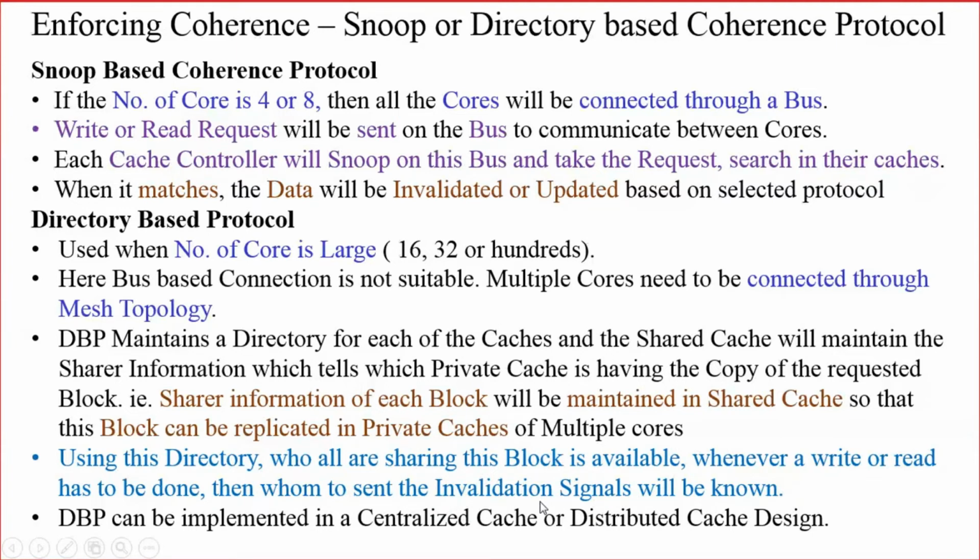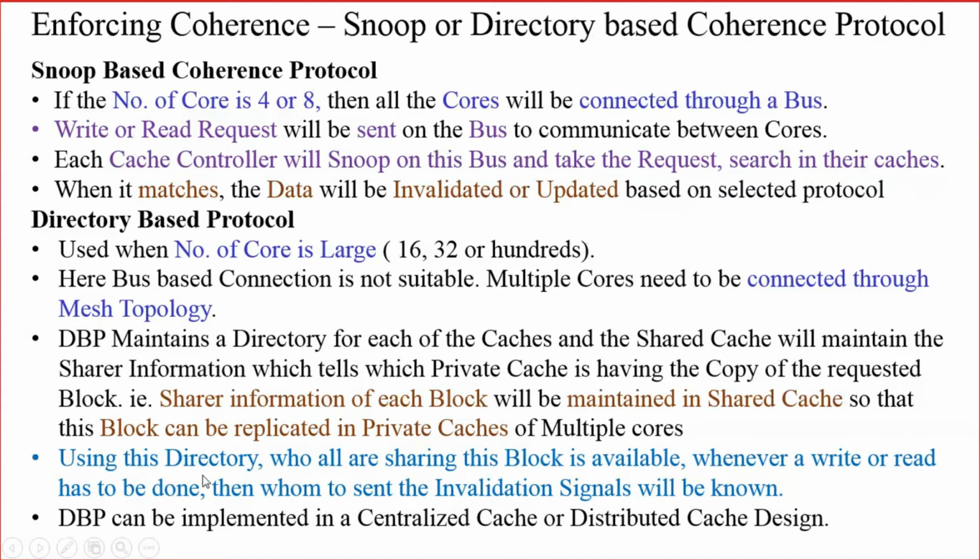Say, for example, you are going to write data to a block with address D. Let us take that cores P3 and P4 have the same D, and P1 is trying to write data to D. When P1 tries to write, we already know that P3 and P4 have the same copy of the block, because it is available in the directory.